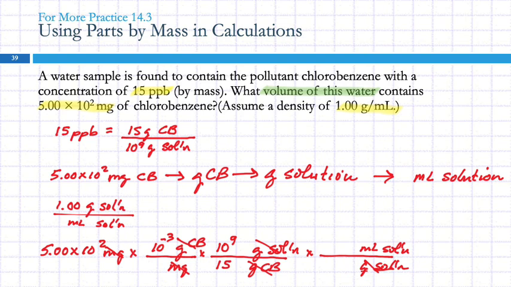And then our density, 1 gram of solution to 1 milliliter. So 5 times 10 to the 2 times 1 times 10 to the minus 3 times 1 times 10 to the 9th divided by 15 divided by 1.